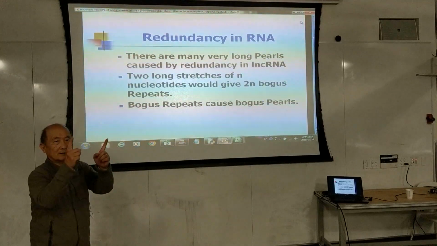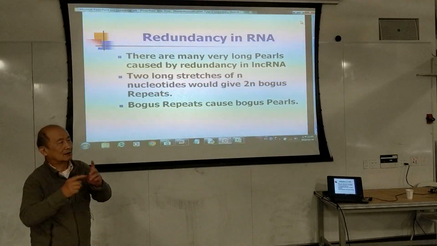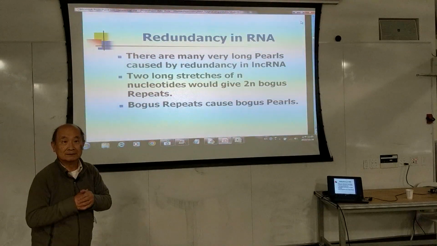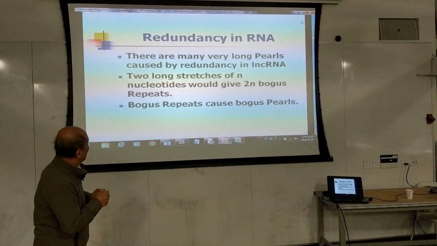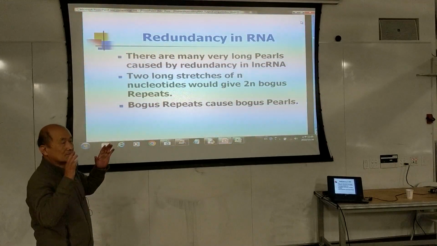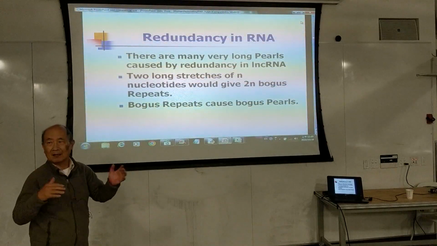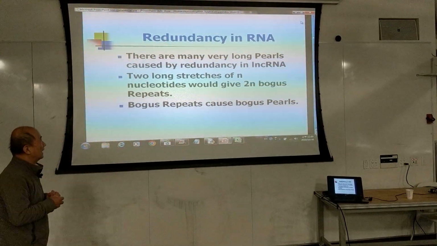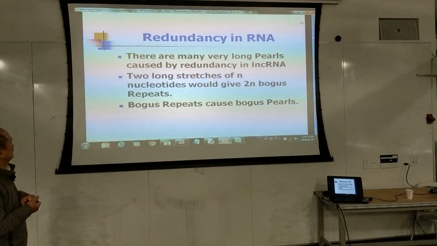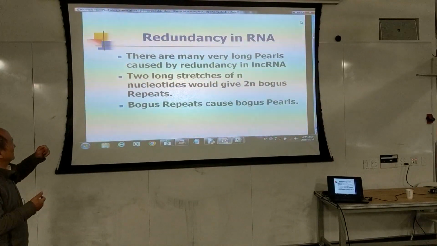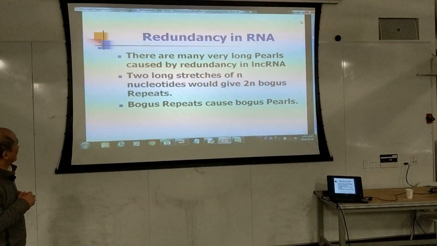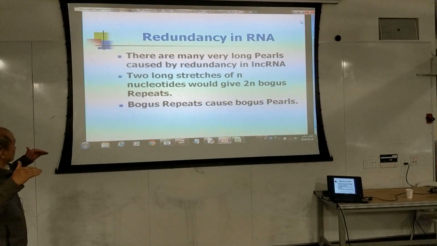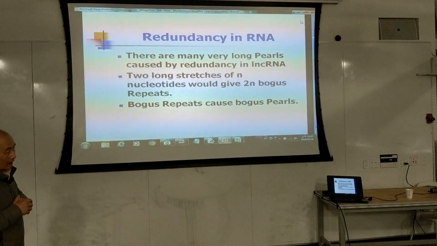So in my analysis, I will collect them, but these may or may not be valid pairs. I would call the repeats in these long stretches of duplicate nucleotides bogus repeats.